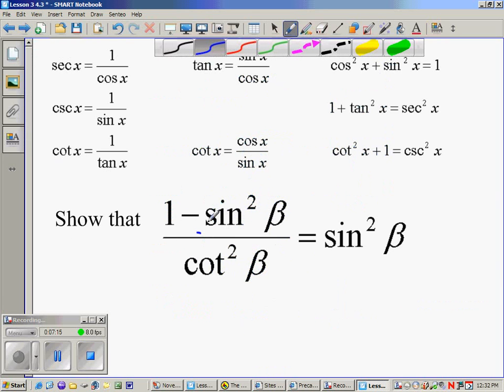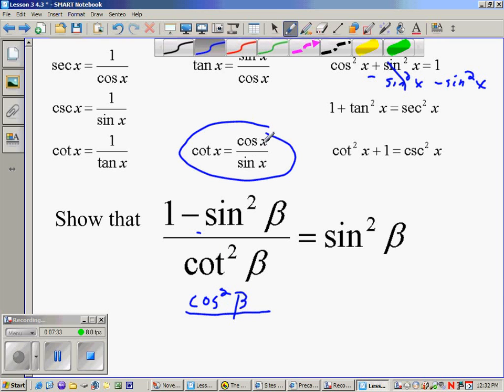Now in this one, 1 minus sine squared, we can get that by subtracting sine squared on both sides. So you'll see that cosine squared is going to equal that. So we'll start this off by cosine squared beta all over. Now cotangent, it says here, is cosine over sine. So cotangent squared is cosine squared over sine squared.